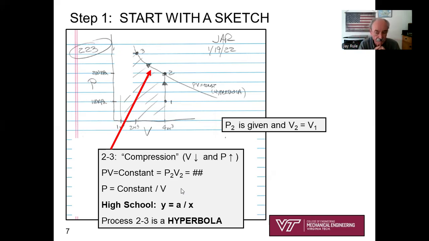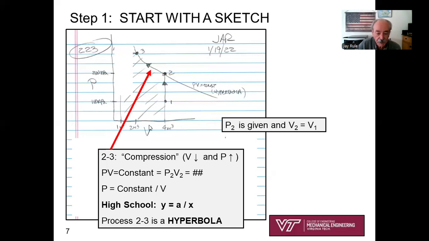What does that look like? Think back to high school. I hope in high school you became good at plotting Y equals A divided by X, where A is some number. What's the shape of Y equals A over X from high school? It's a hyperbola. Now, that is something that I would expect you to know, not something you've got to memorize. Well, back to thermo, P is kind of like Y, V is kind of like X. So P equals constant over V is a hyperbola.